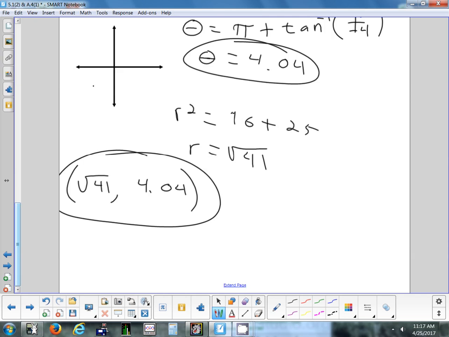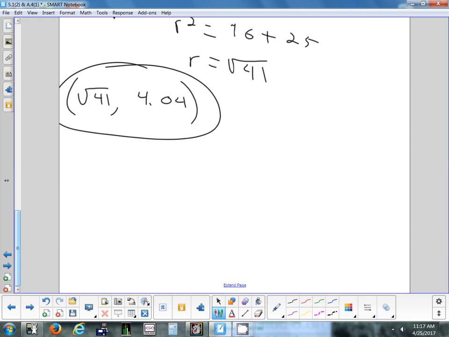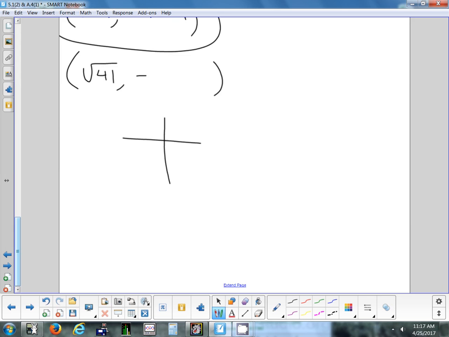How would you find the other answers if it's in radians? Well, I'll show you one of them. So let's do the one where the angle is negative, where we go the other way. So instead of labeling this using 0, 90, 180, and 270, I'm going to label it in radians.